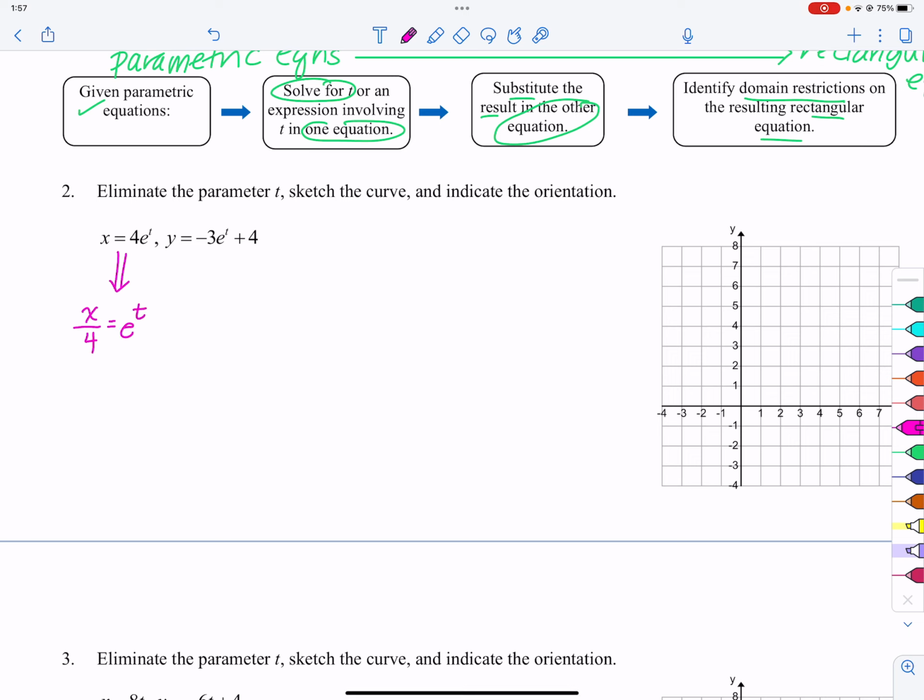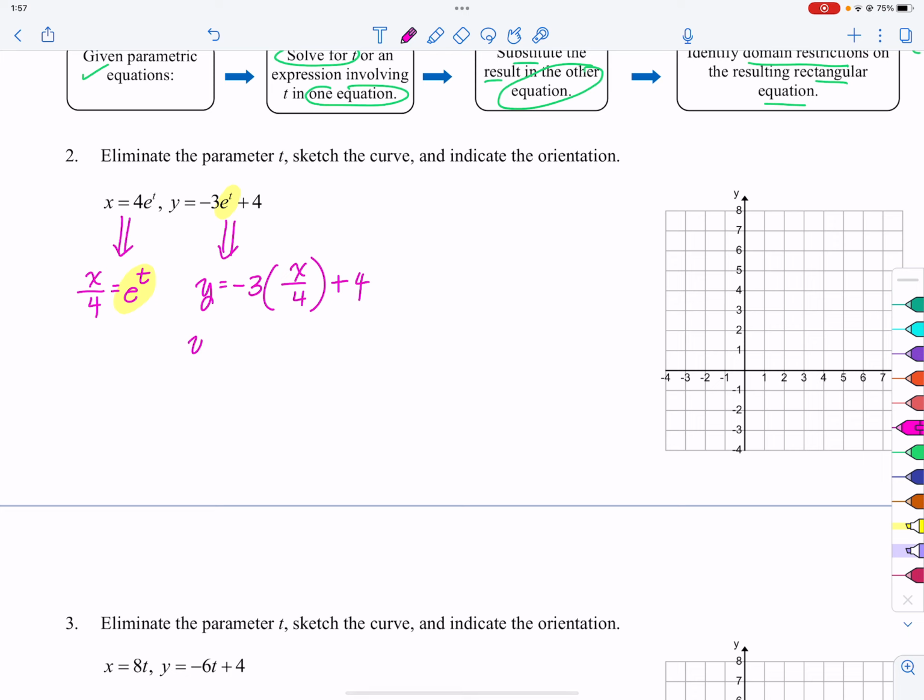Now I'm going to go into the other equation, and everywhere there's an e to the t, I'm going to substitute an x over 4. So now I have y equals -3 times x over 4 plus 4. And now I can solve that.